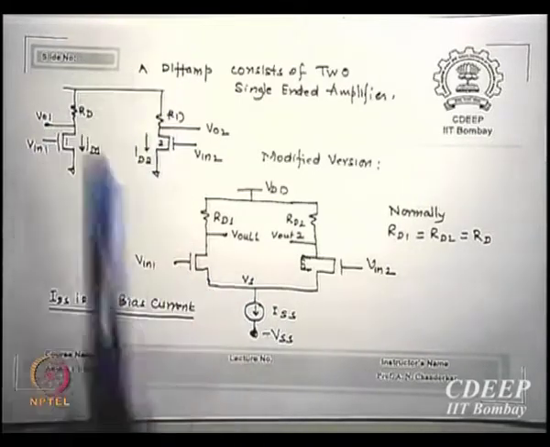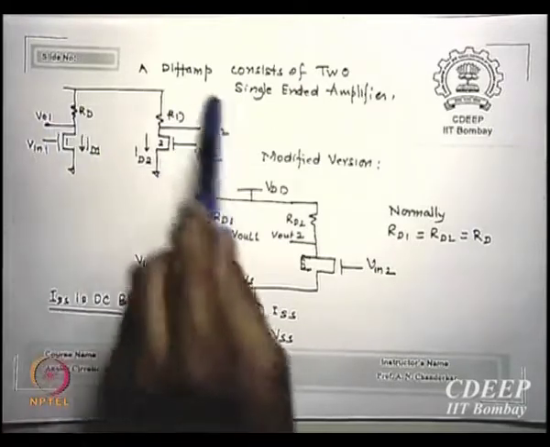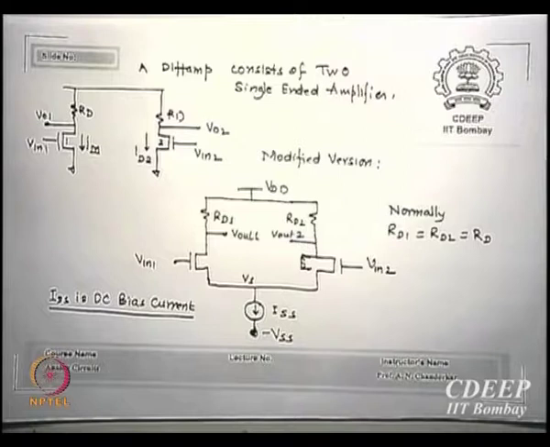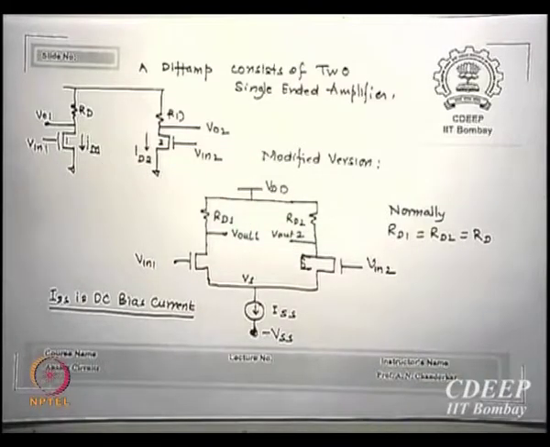If I do this, then I have to do independent biasing for both of them. Because these are two amplifiers, I will require bias for both. Let us say I put a current source here and a current source here. So I need two current sources to bias independently, and they may not be identical any time.